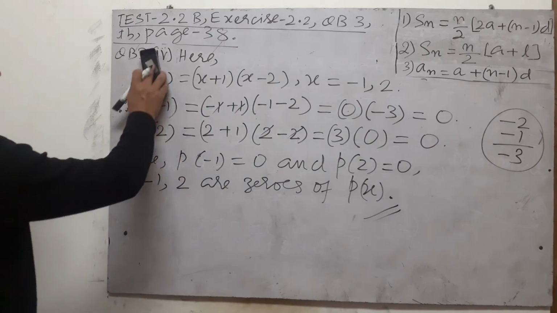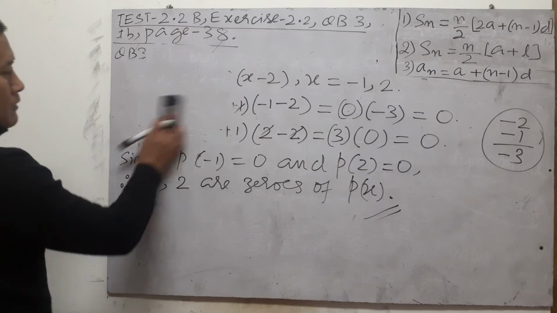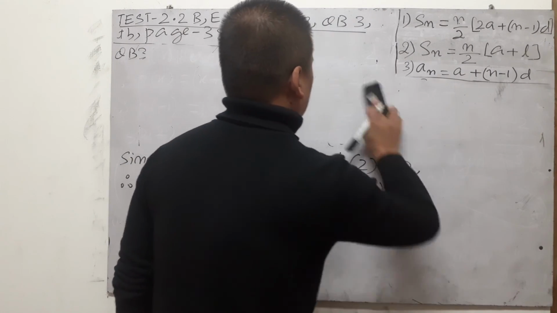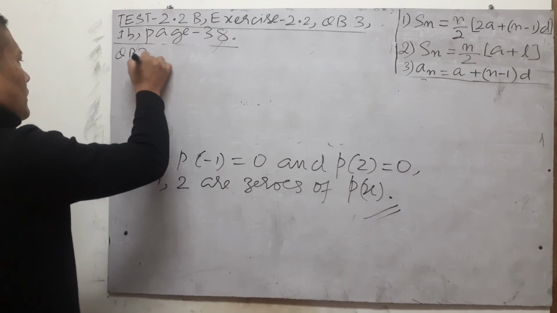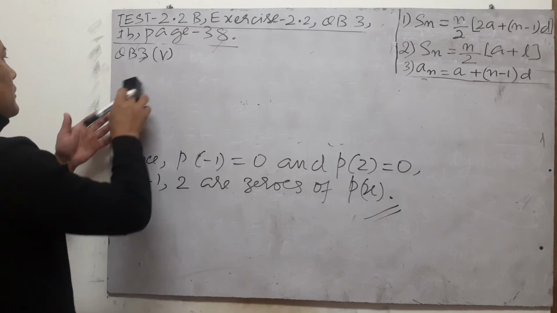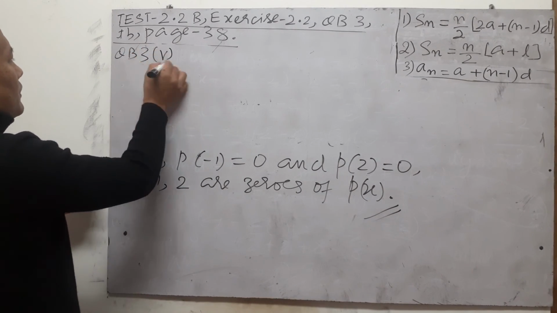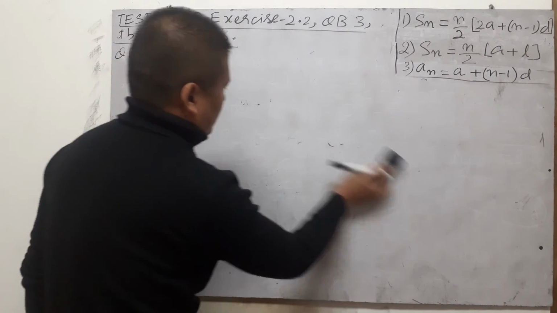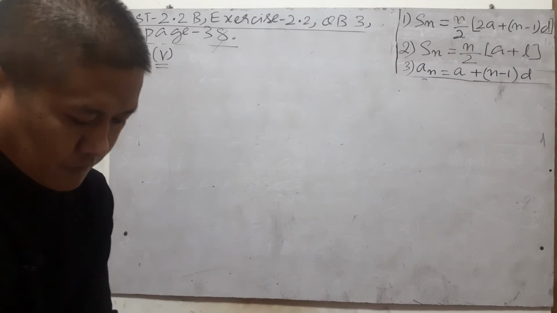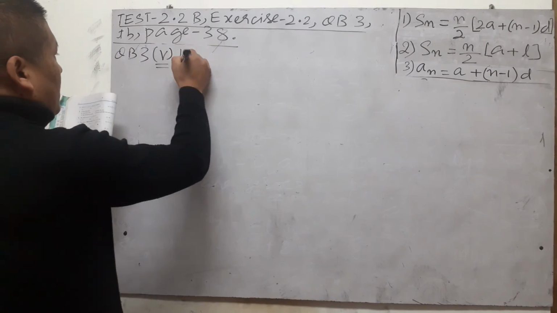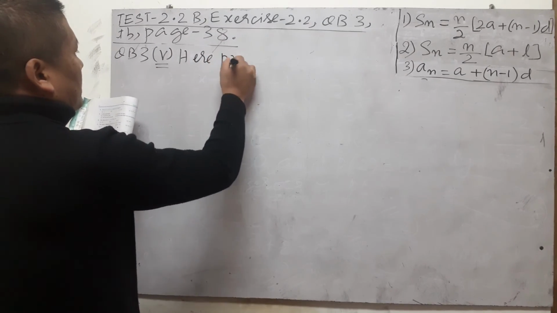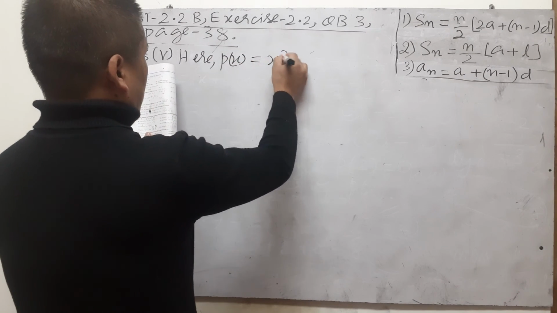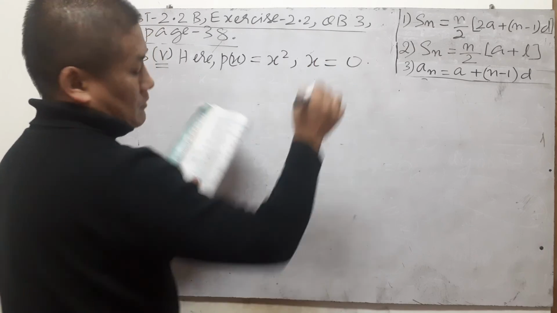Then the fifth one. The fifth one is question number 3. Let me read the question for us. The p of x value is given as equal to x squared, for x value of 0.